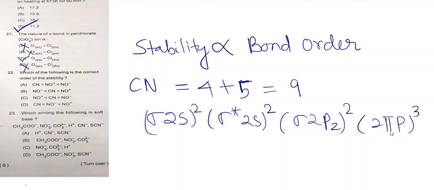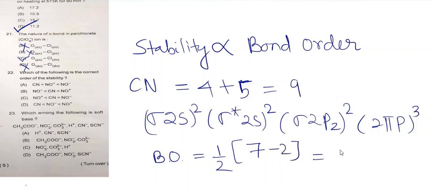Here 2px and 2py have equal energy, so I write them combined as 2p3 electrons. So bond order is half of the number of bonding, 2 plus 2 is 4, plus 3 is 7, minus antibonding 2. 7 minus 2 is 5, divided by 2 is 2.5. So cyanide has bond order 2.5.